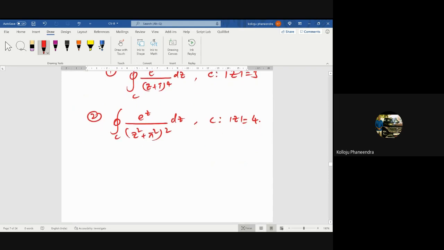Next one. Third one: integral over C of cos 2z by z square minus 4z plus 5 dz, where C is mod z minus 1 minus 2i equal to 2. That is over.